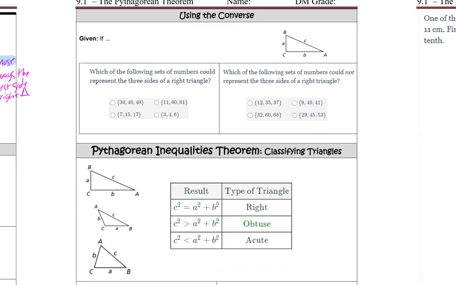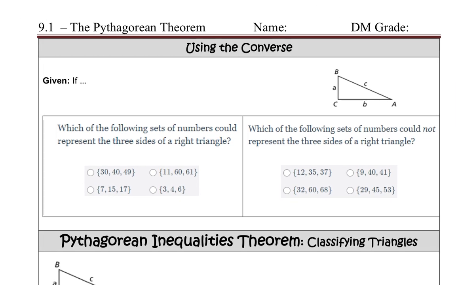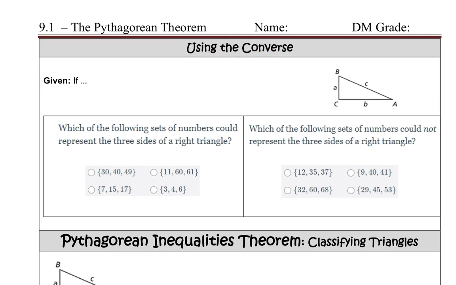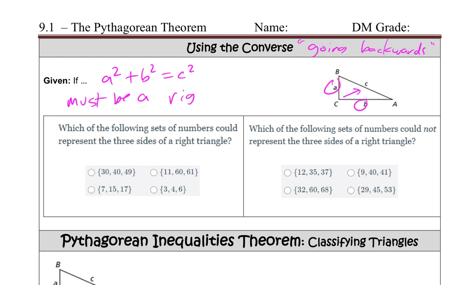Now we're talking about using the converse. So we know the converse is going backwards, like a conversation. If I'm told that a squared plus b squared equals c squared, with a and b being like this and c being like that, that means it must be a right triangle.